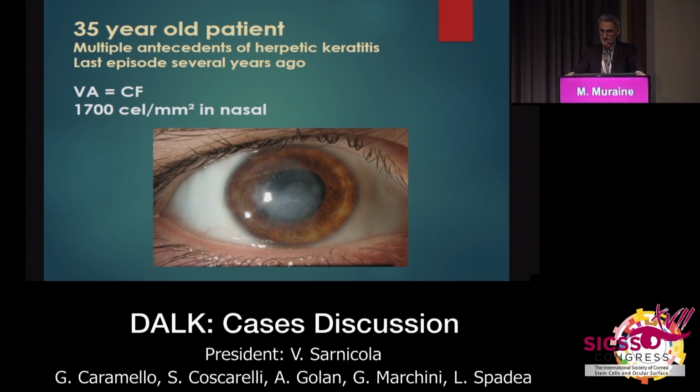Visual acuity is limited to counting fingers, and you see on the slit lamp examination the opacity of the cornea, and it is possible to perform endothelial cell count in the nasal, and the cell density is 1,700 cells per millimeter squared. Okay? So it seems easy to perform a DALK in this case.